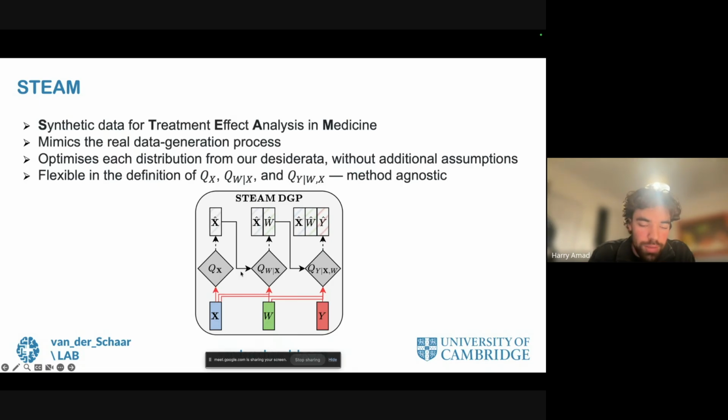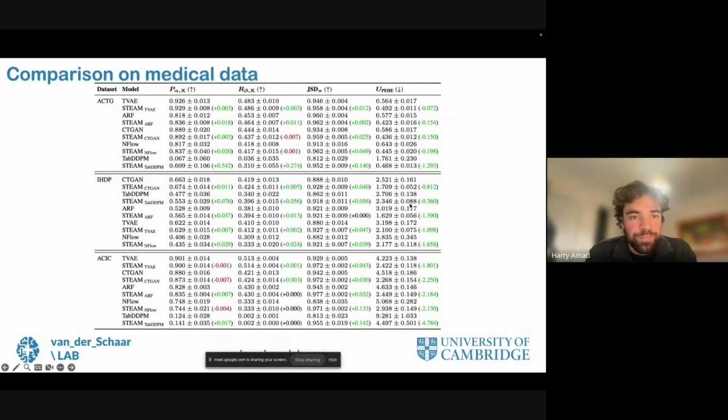And basically what we're doing is changing Q of X, changing the generative model, and comparing it to as if we had just generated the data with the base generative model Q of X and not done the three-step-wise generation process that we've described, but done generic generation. And what we can see is that each STEAM model, which is described as STEAM with a subscript of the generative model that it uses within it, improves on our metrics compared to the base generative model just generating by itself.